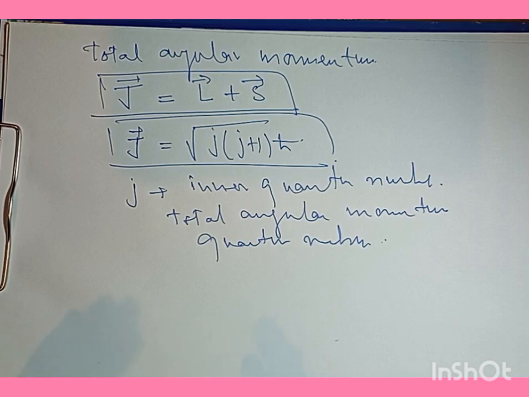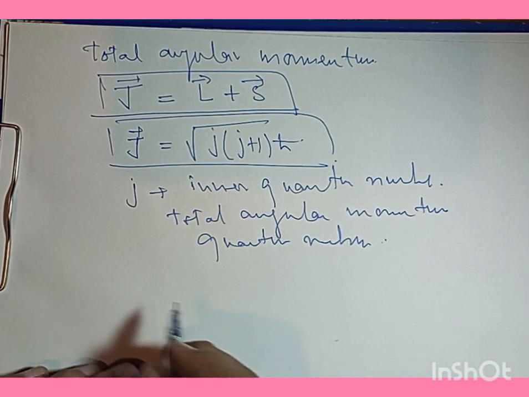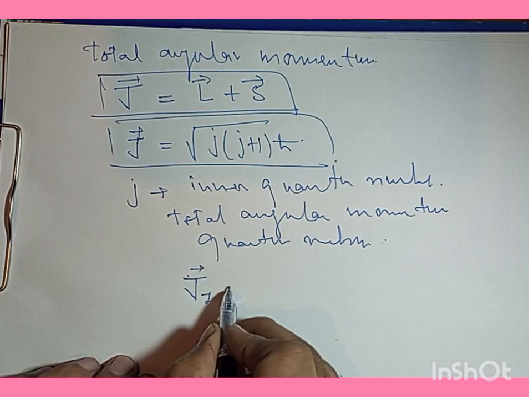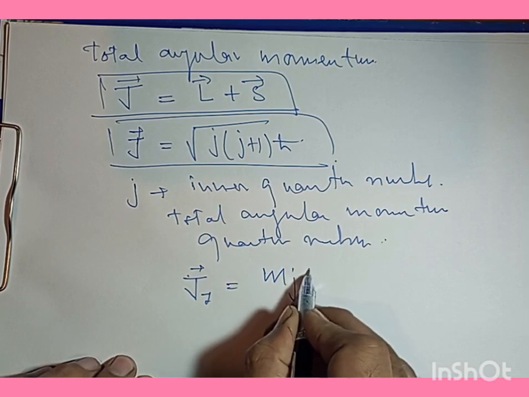Under similar considerations, we'll have the z component of this J, and that will be mj h cross.